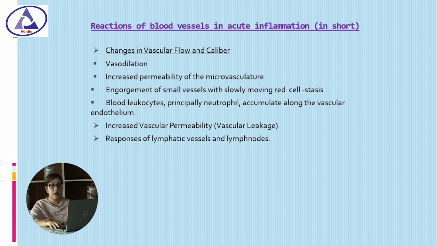In short, there are changes in vascular flow and caliber which comprise vasodilation, increased permeability of microvasculature, engorgement of small vessels with slowly moving red cells, which is known as stasis, blood leukocytes, principally neutrophil, which accumulate along the vascular endothelium, then increased vascular permeability and responses of lymphatic vessels and lymph node.